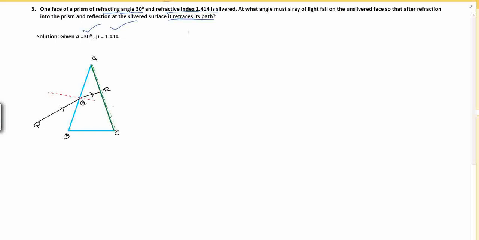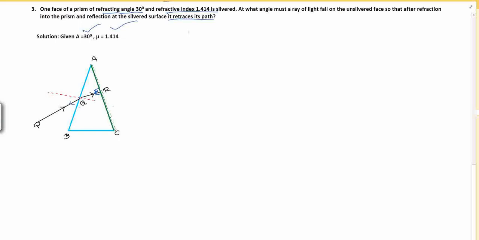Now according to the question, the ray retraces its path. So that means this QR ray must be incident upon the surface AC normally, because we know that in case of a mirror, for normal incidence the ray retraces its path. This is the normal incidence case and the ray retraces its path. So it goes back along this path.